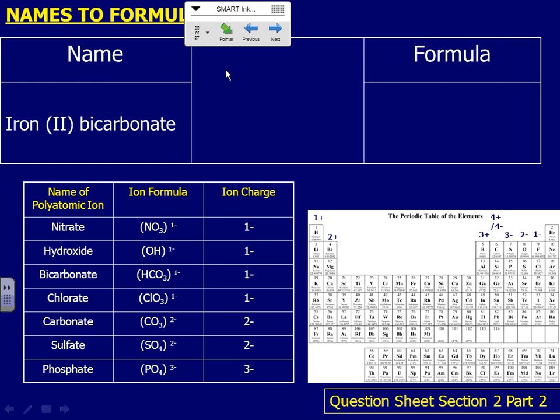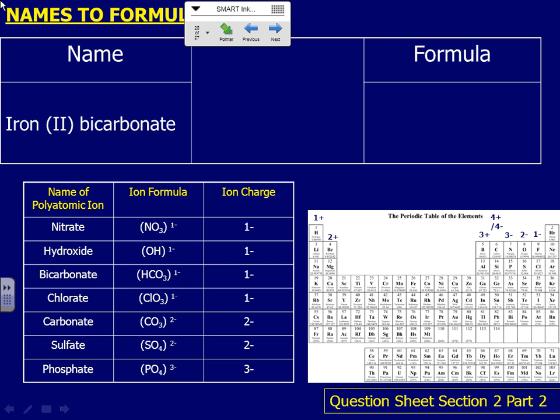Actually, you know what I want to do? Let's do iron 2 bicarbonate. And then I'm going to stick one in with an ammonium in it because I don't have any examples with ammonium. So this one has obviously a multivalent metal.